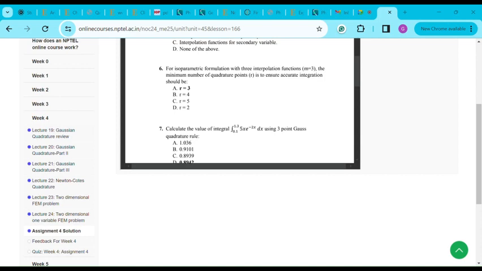Something like this is the force, and you are using a three nodal triangular element. Let me look into it. Yes, at least one version of that.